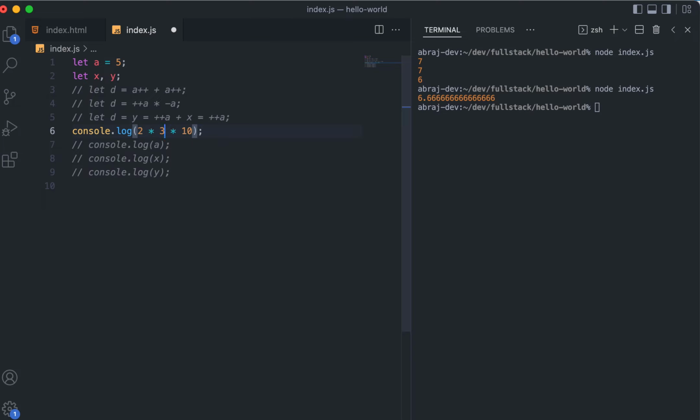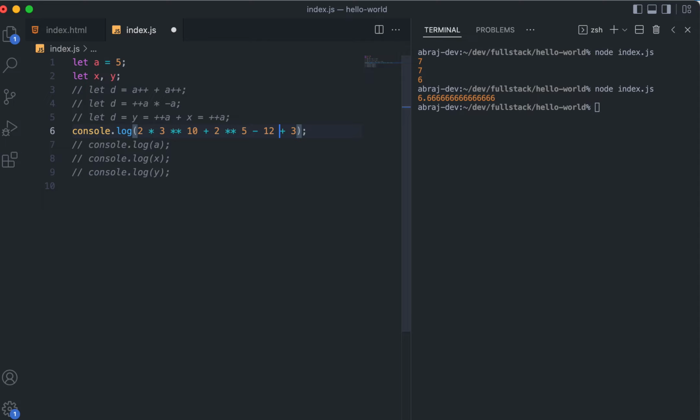Even if it were arranged differently, wherever exponentiation is there, that will be done first. And there can be multiple expressions like this, for example 2 raised to the power 5 plus or minus 12 plus 3, or something like that.